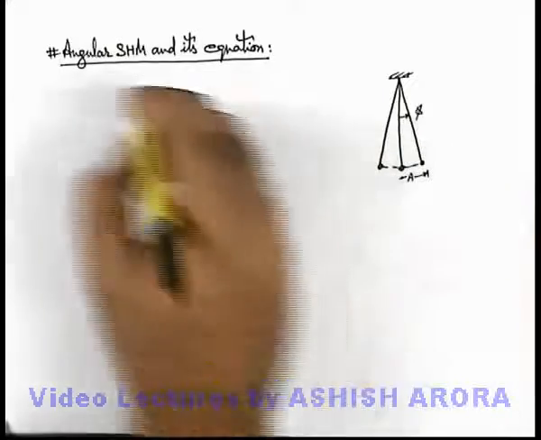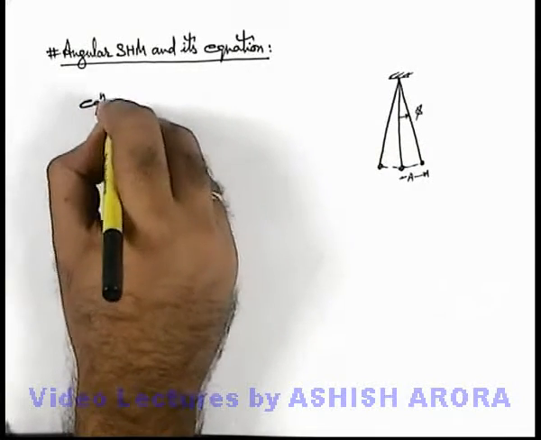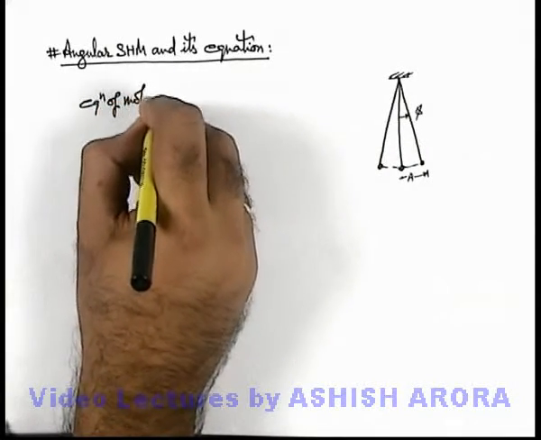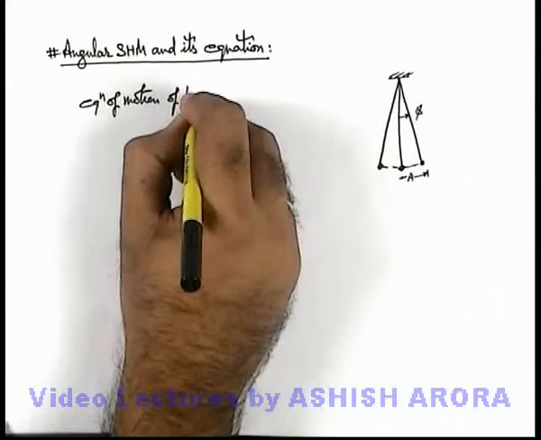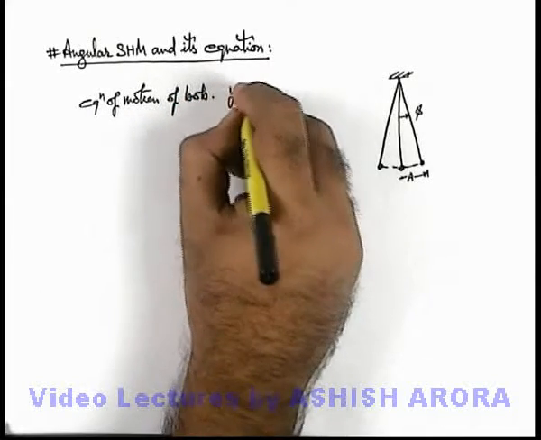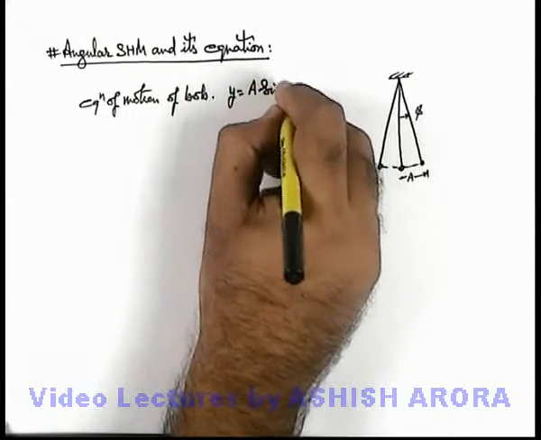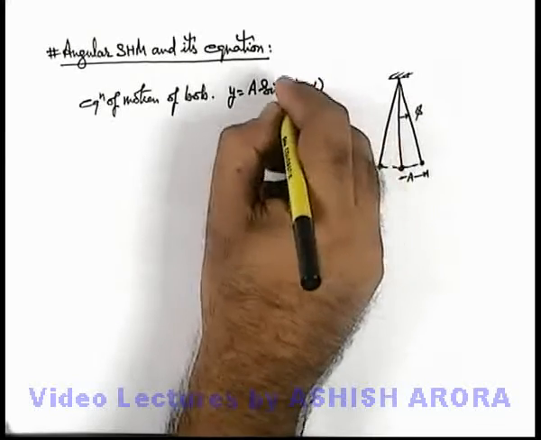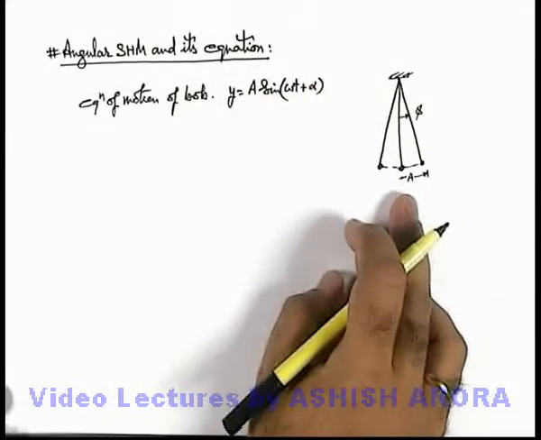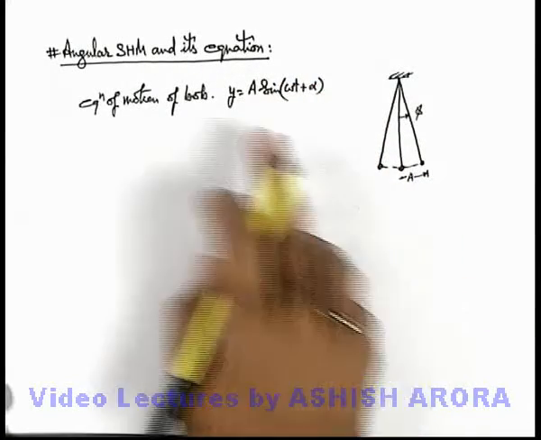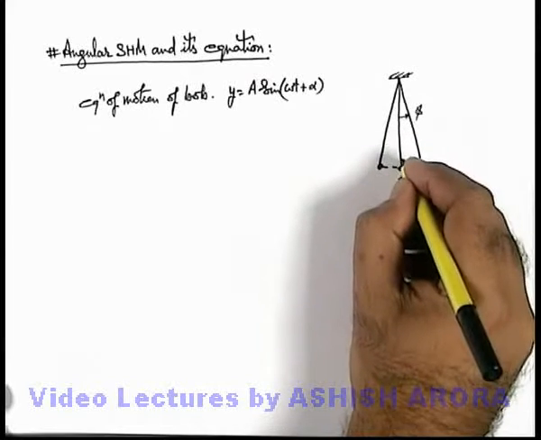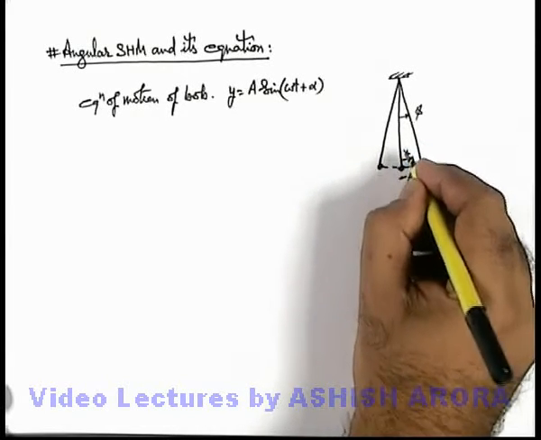So we can state, if we talk about the equation of motion of bob, then it can be written as y is equals to A sine of omega t plus alpha. That is a general SHM equation for a particle executing SHM. Here y is the displacement of bob from mean position at any time t.